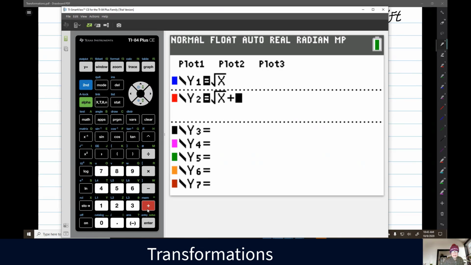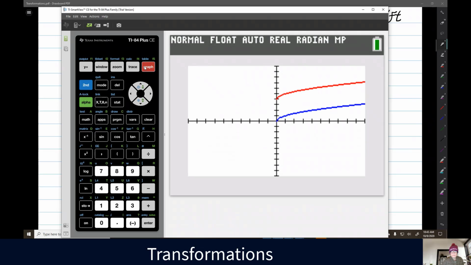I'm going to say +4. This +4 is not under the square root sign. It's outside. That's what makes the vertical movement. So what I did physically moved this blue line up 4 units. 1, 2, 3, 4 units.